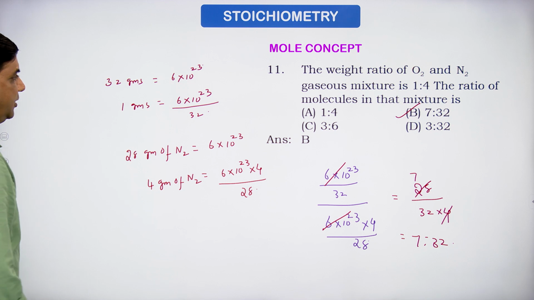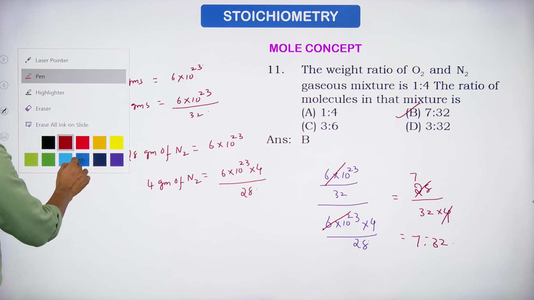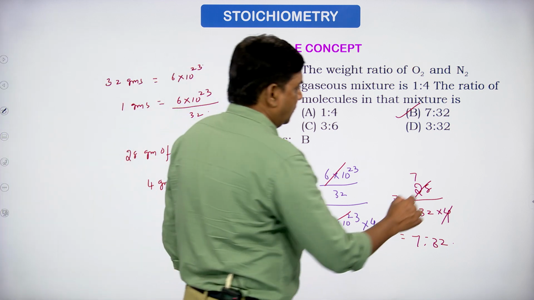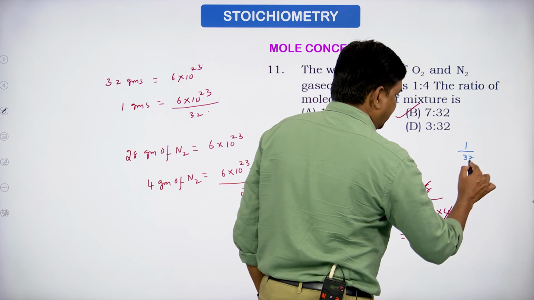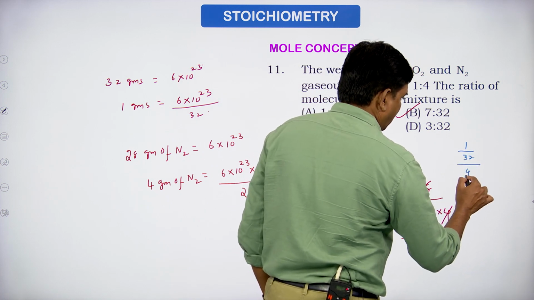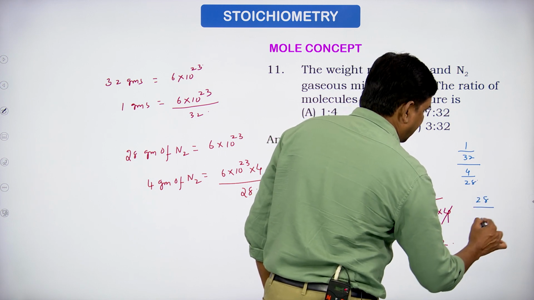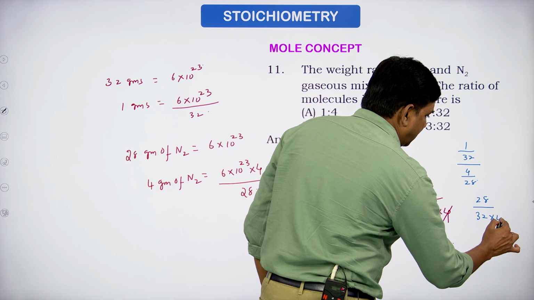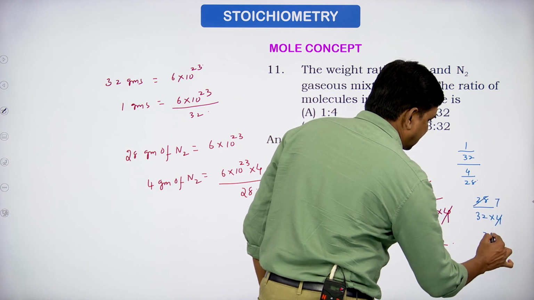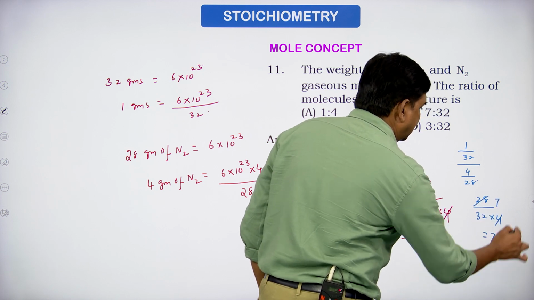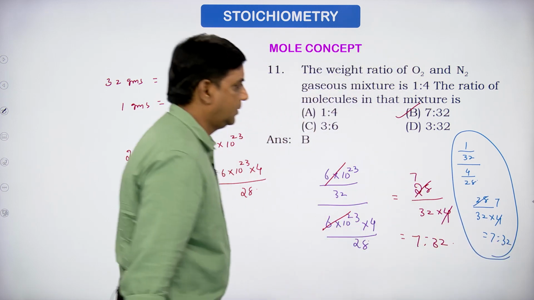Or directly, if you want, you can do it like this also. 1 by 32 by 4 by 28. This is nothing but 28 by 32 into 4, which is equal to 7. This is also equal to 7 is to 32. This is another method if you want.